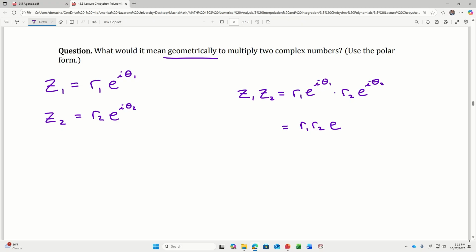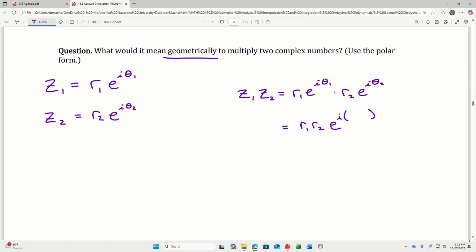I could write r1, r2 times e raised to the power i times what? Theta 1 plus theta 2. There you go.